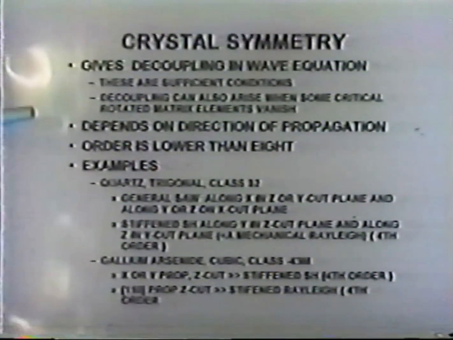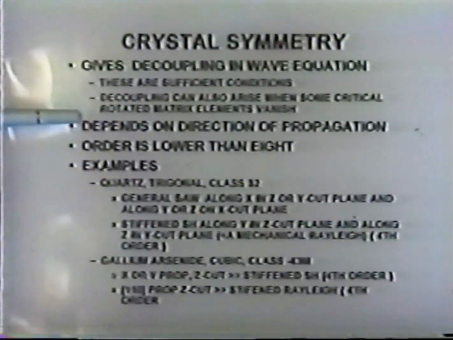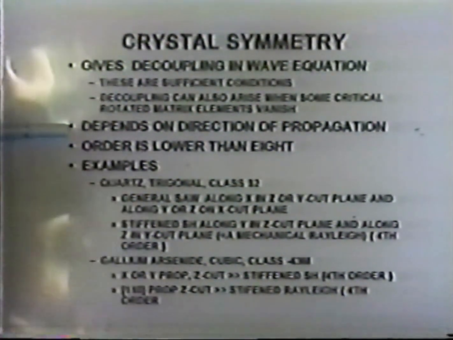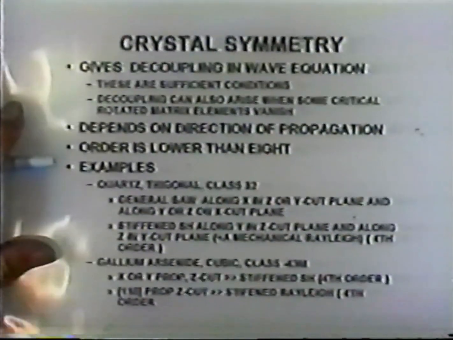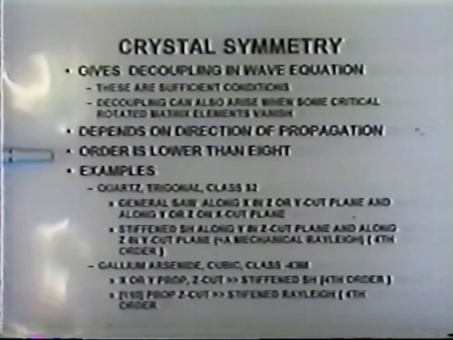This will typically give rise to situations which depend on direction of propagation and crystal orientation, and the most important thing that results because of this symmetry imposition is that the order of the problem becomes lower than 8.